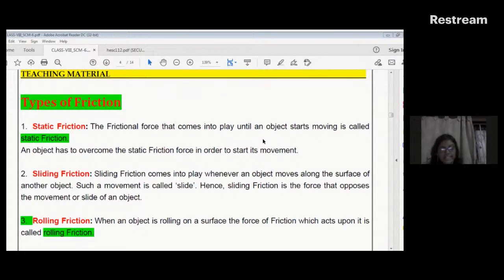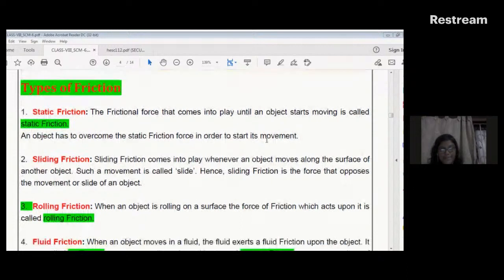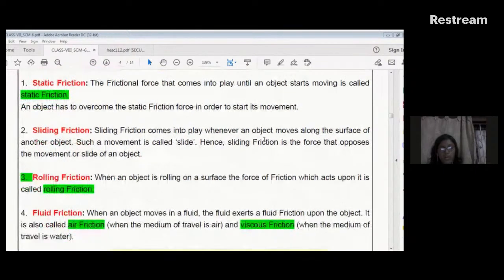That is the reason it is convenient to pull luggage fitted with rollers. Can we understand why the wheel is said to be one of the greatest inventions of mankind? Yes. Next, we'll move on to fluid friction.